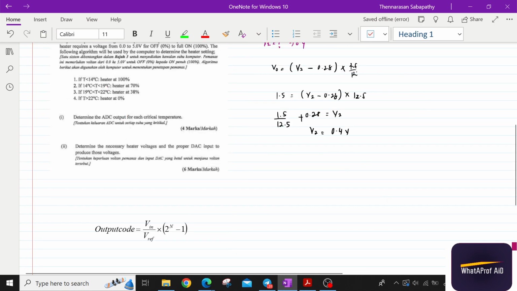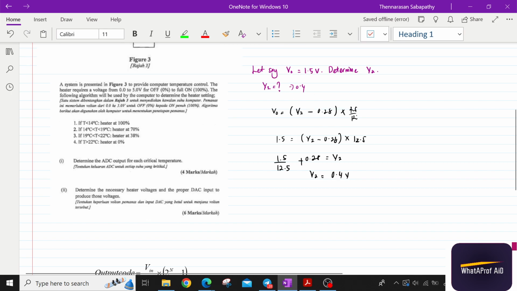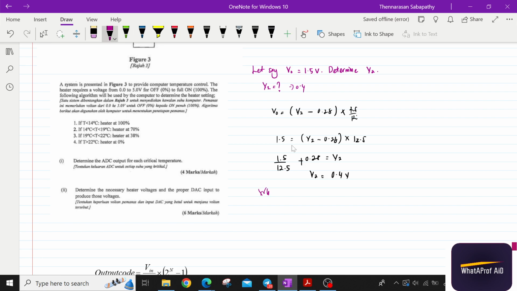We continue with the temperature. So this is the V2, right? What would be the temperature at this V2? How to calculate? Use the transfer function of this sensor.